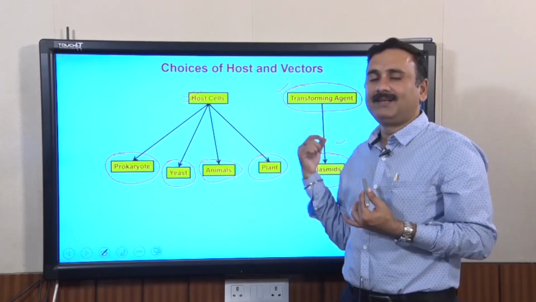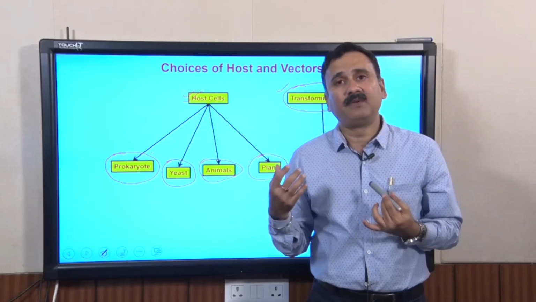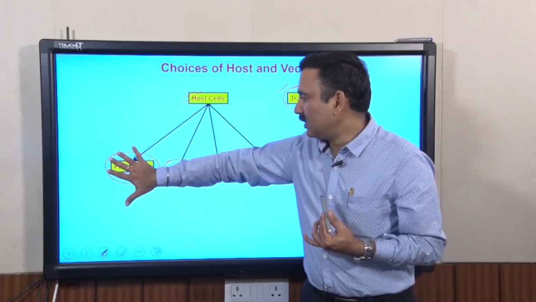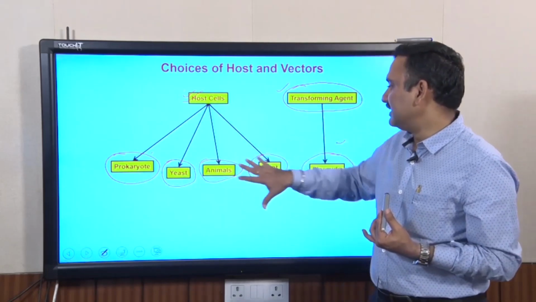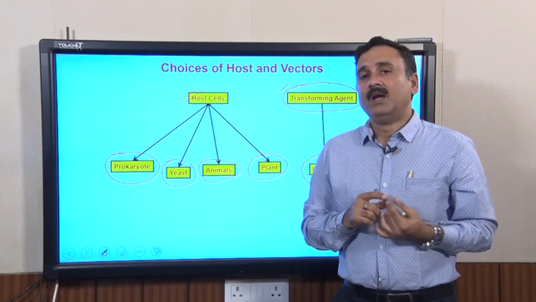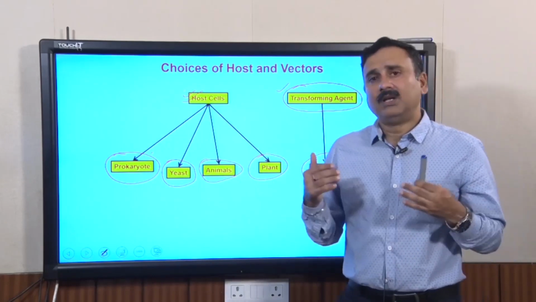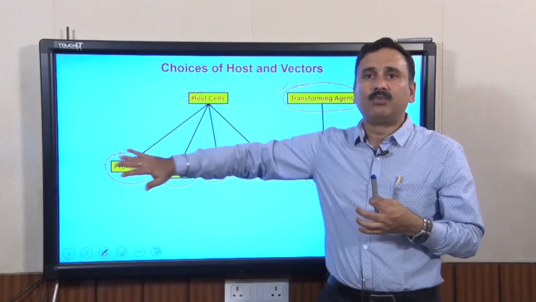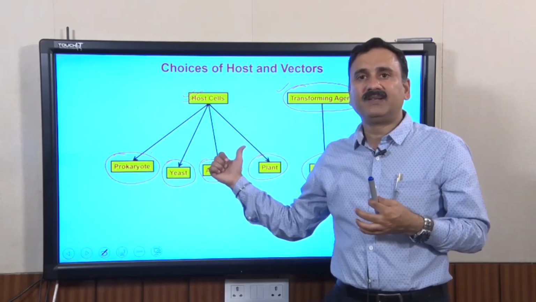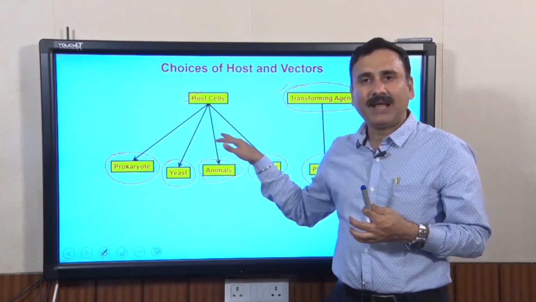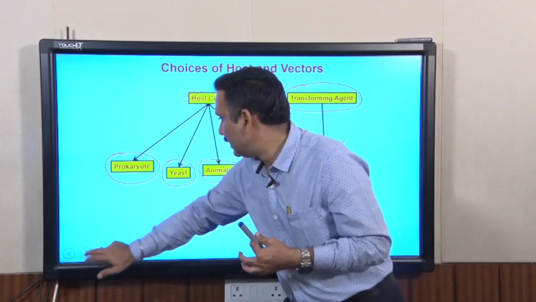We have already discussed the different types of vectors available for the E. coli system, yeast system, mammalian system as well as the plant systems in our previous lectures. But the question is, what would be the criteria to choose the prokaryotic versus the eukaryotic system, from yeast to animals as well as the plant?